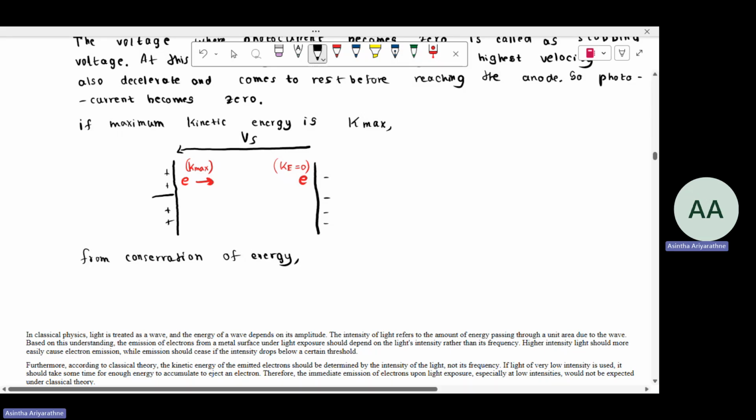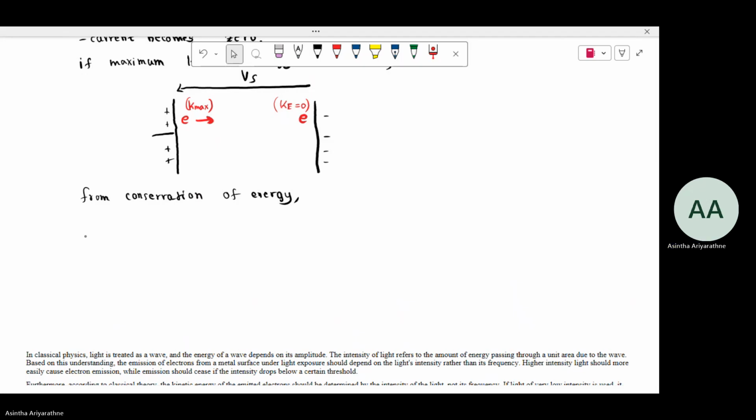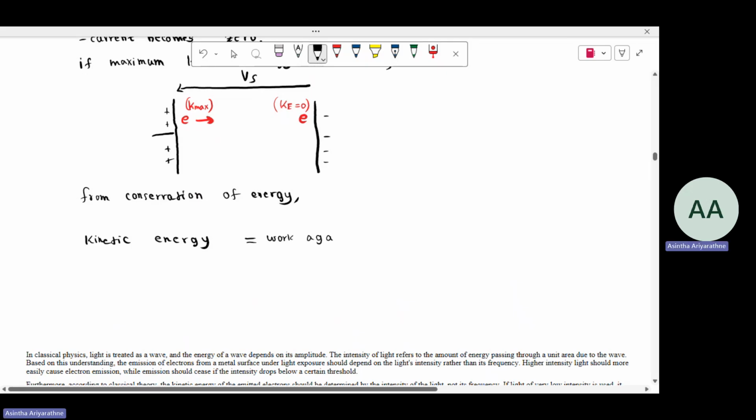The kinetic energy of the electron is used to do work against the electric field.